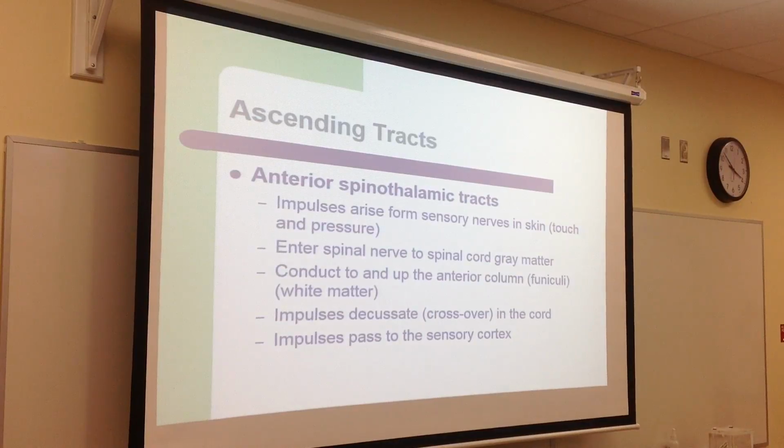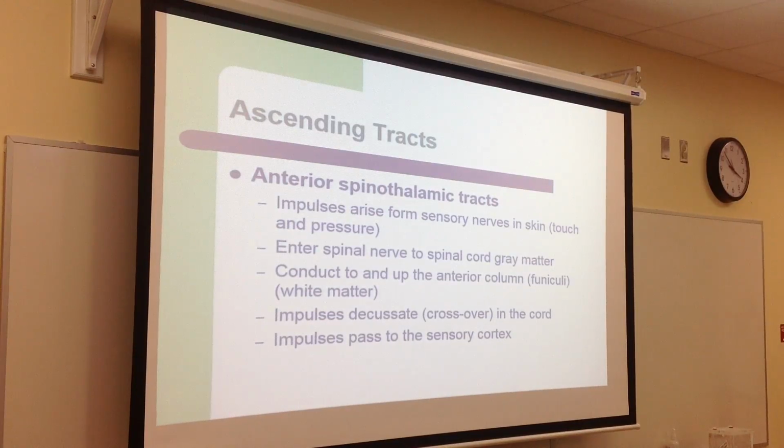All right? Now, if it is sensory, where does it enter the cord? On the dorsal or ventral side? Sensory. Dorsal. Remember, it's coming through the dorsal root ganglion.